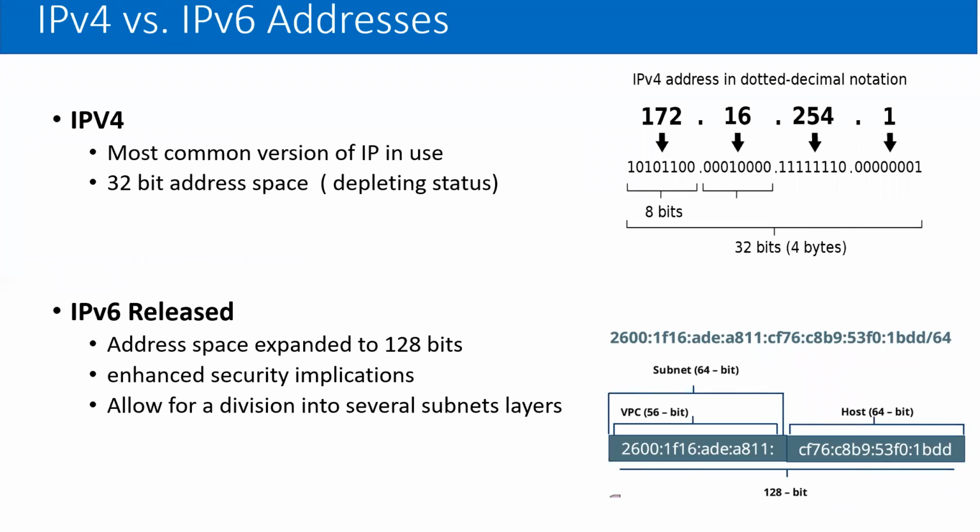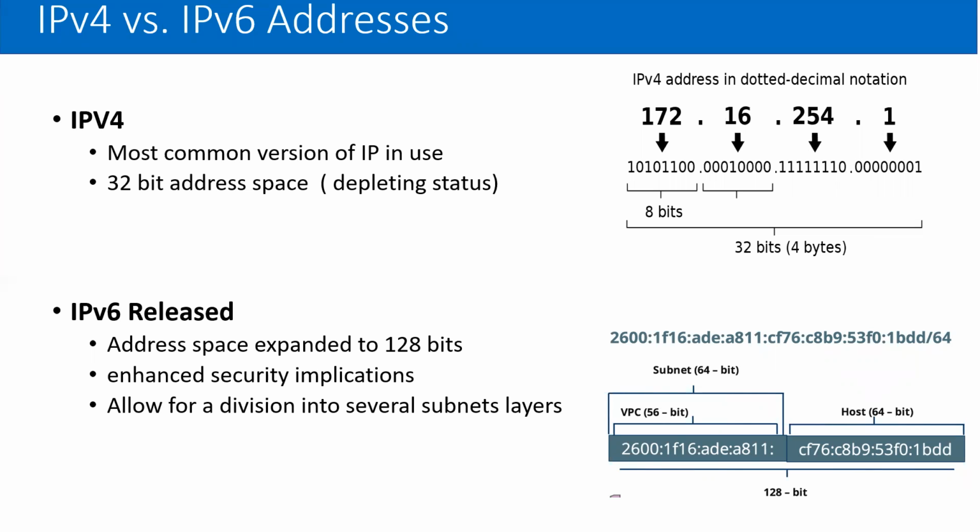All right, I'm going to just pause here. This chart should kind of jump out at you. This is the addressing scheme for IPv4 versus IPv6. The takeaway here is IPv4 is 32 bits long, so that limits the number of unique IP addresses to, I think, about 4.5 billion. With the growth of the internet and data around the world, we're depleting that rapidly and running out of addresses.